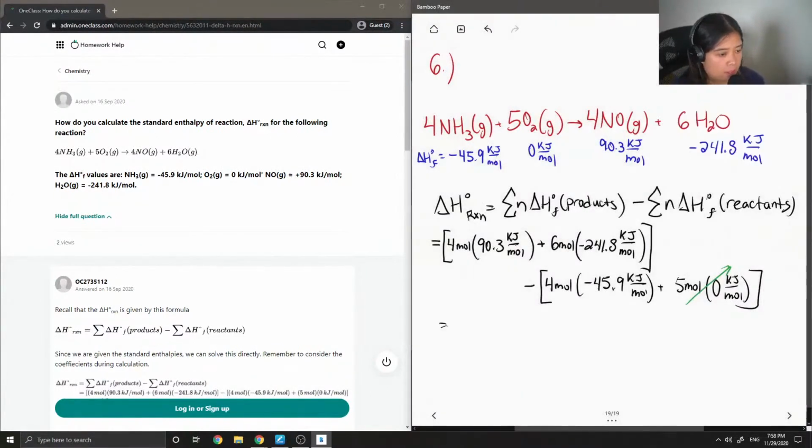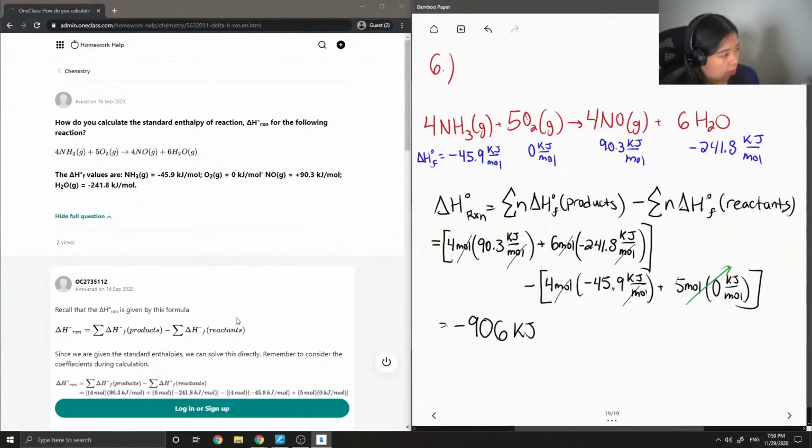So now we just need to calculate, sum everything up, and make sure you do all of the multiplication steps before adding all the values up, just so that your calculator doesn't get confused with all the different values. And you should end up getting a final answer of negative 906 kilojoules. So you'll notice that the moles will cancel out when we multiply by all the coefficients.